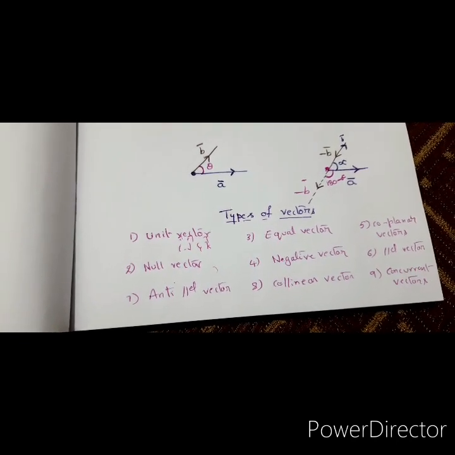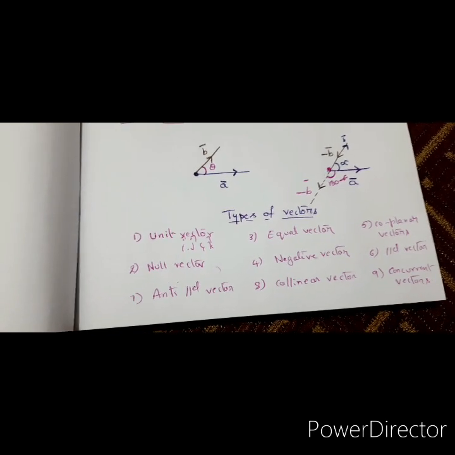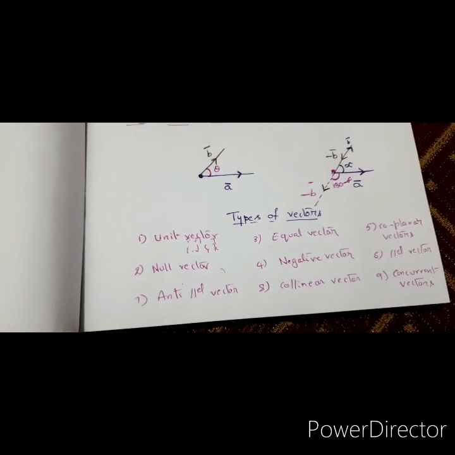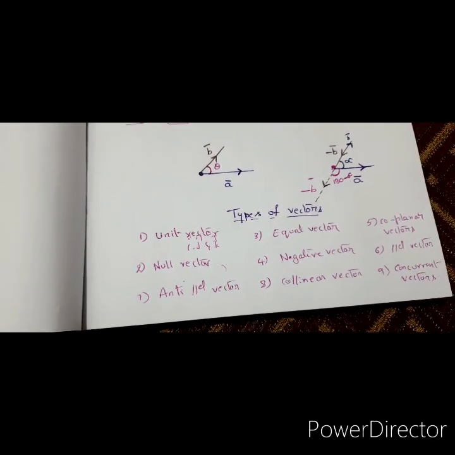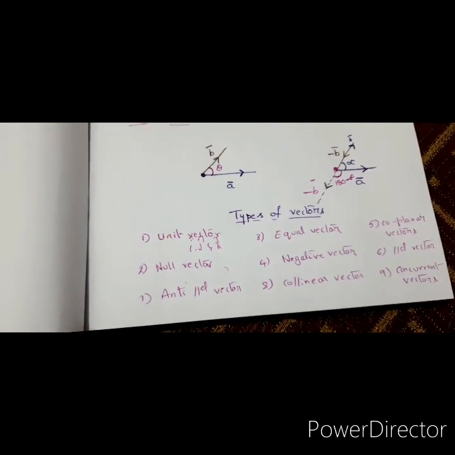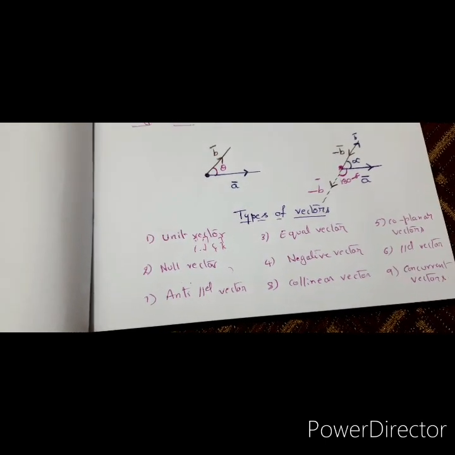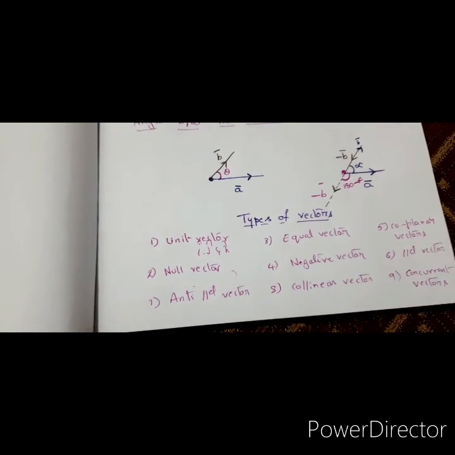Then the next one is the null vector. Very, very important. A null vector is a vector whose magnitude is 0. How are you going to represent it? It is a bold alphabet.